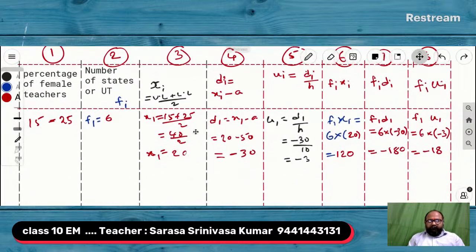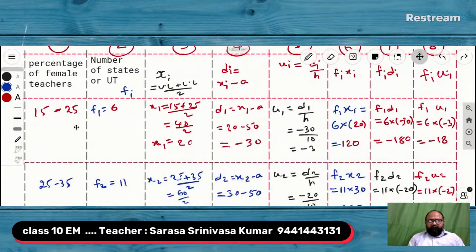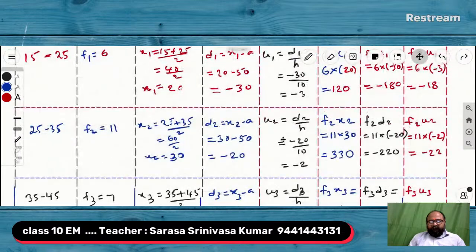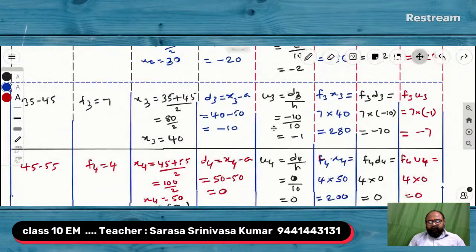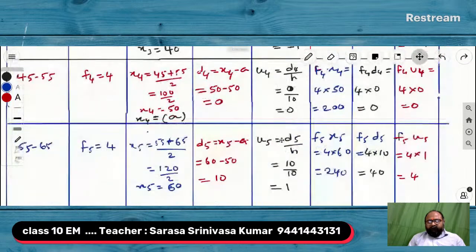So let us say this briefly. First the class interval is noted down and f1 is noted, x1 is calculated, d1 is calculated using x1 minus a, and u1 is calculated by the formula d1 by h. Next we found f1 x1, f1 d1, f1 u1. Similarly, for all the class intervals, we have found the required values.